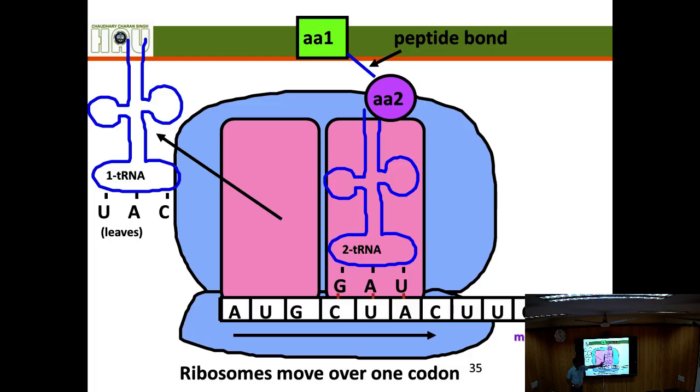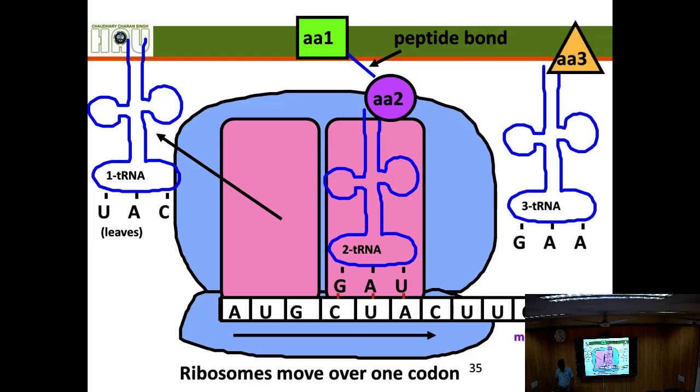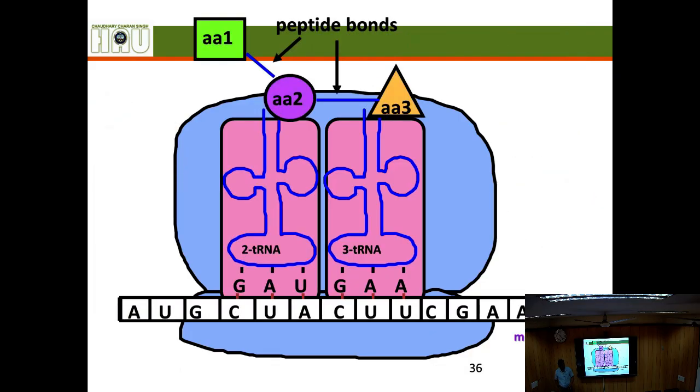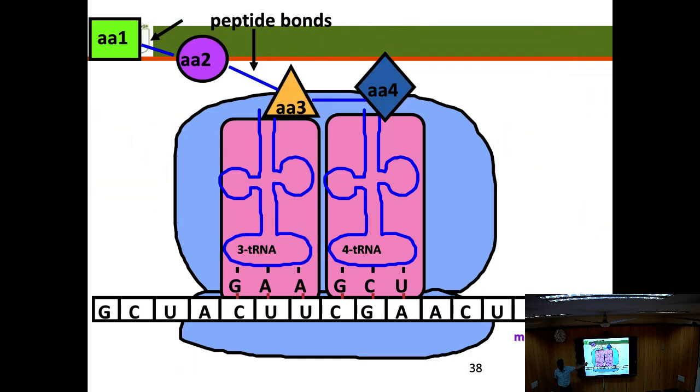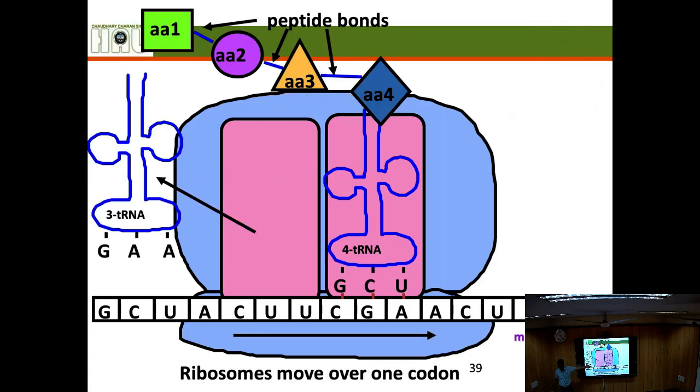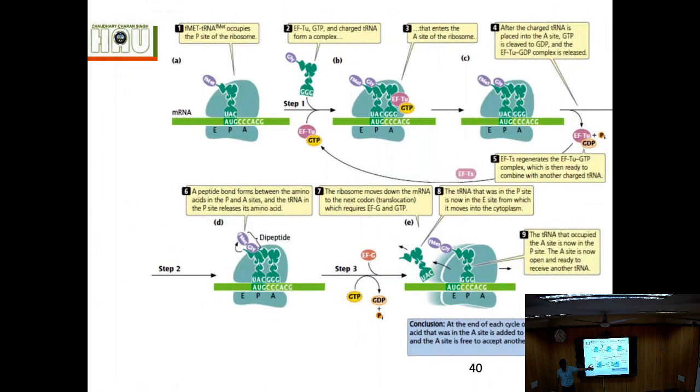So this tRNA along with the two amino acids comes to the P site, and the A site is free, available for the third tRNA with the third amino acid. The same process keeps on, the fourth tRNA comes, then the fifth tRNA comes, and so on.